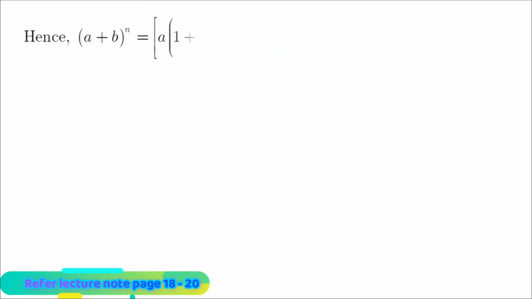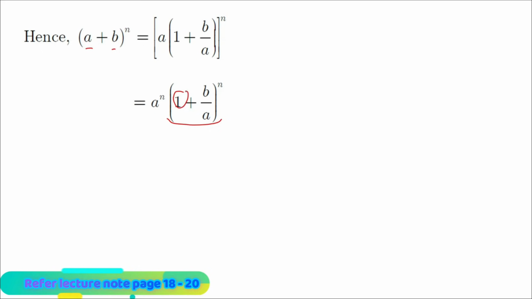Hence, if we have (a plus b) to the power n, since there is no number 1 in our expression here, we then have to factor a out to get a times (1 plus b over a) altogether to power n. Next, we expand each term to power n to get a to power n times (1 plus b over a) to power n. Now, we notice that here we have 1 in the bracket.